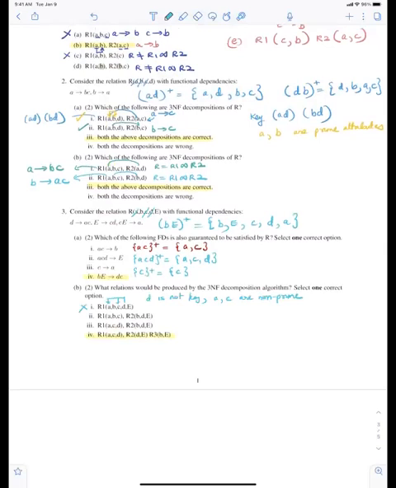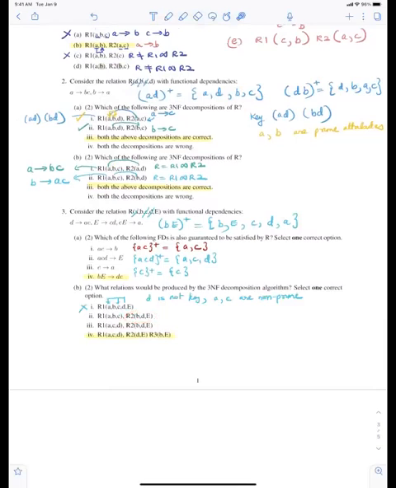So let's look at the next one, ABC and BDE. Just look at the table R2, BDE.